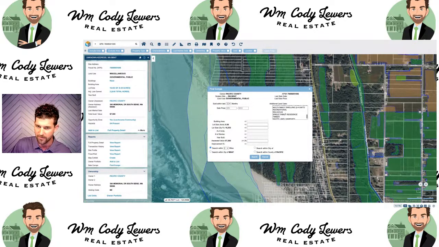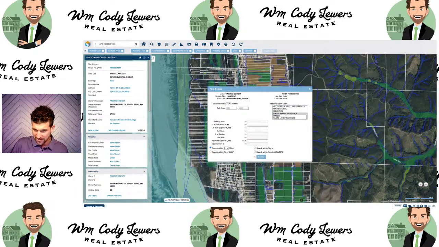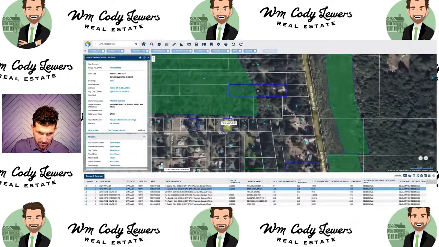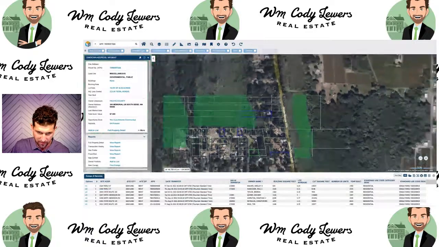Let's get into like vacant residential. Well, miscellaneous, I don't think. I'm going to click single family. Let's try this. Let's see if it's showing us homes or lots. Make a big difference for us. It's going to show us homes there.